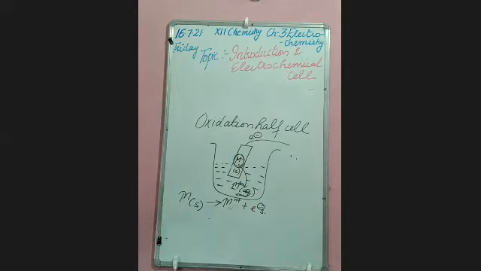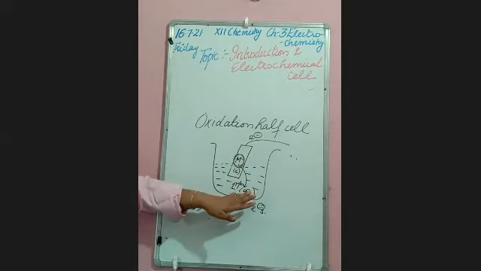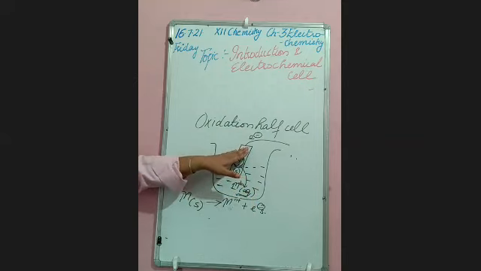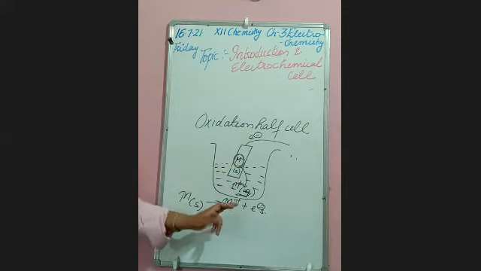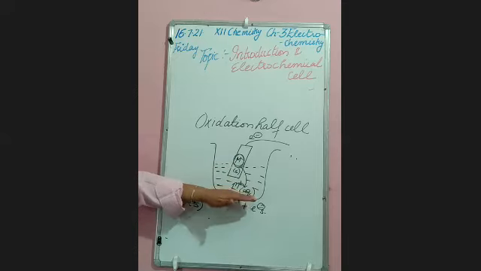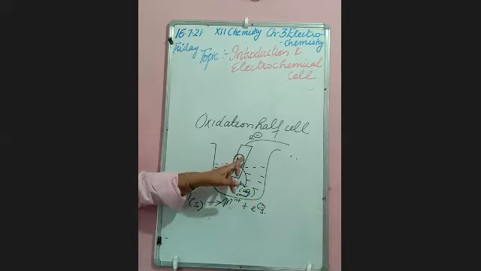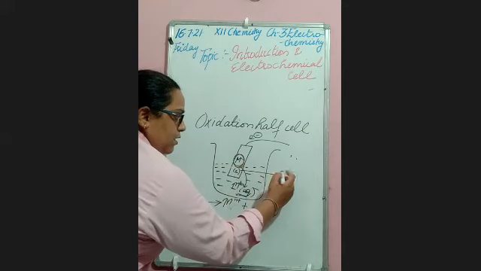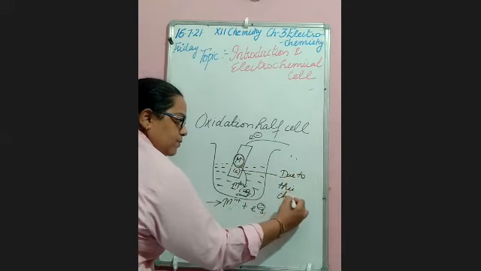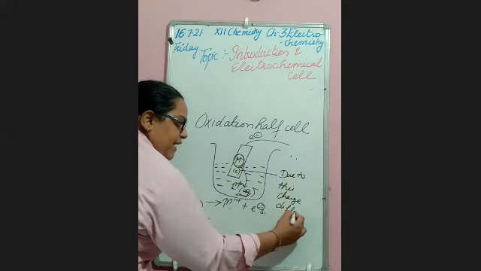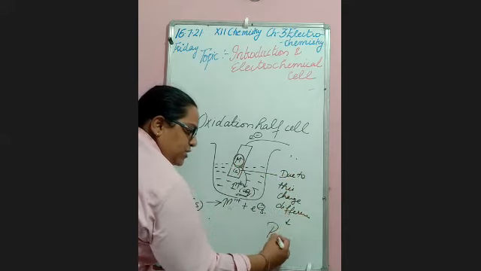So what will happen? Here the accumulation of positive charge is more than the electrons, and you will see a charge difference is generated. The positive charge in the solution is more than that of the electrode. Due to this charge difference, there is a development of some kind of potential.